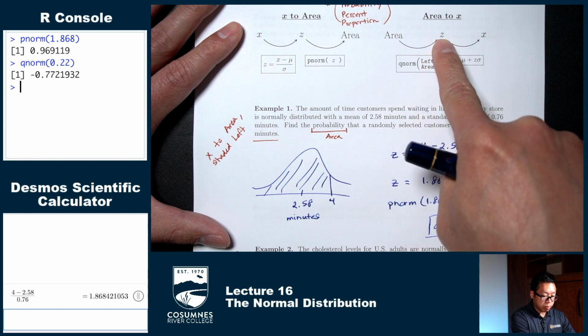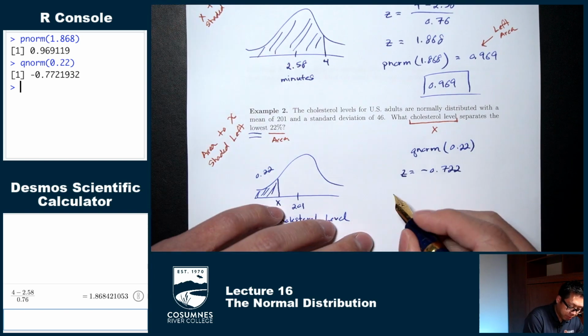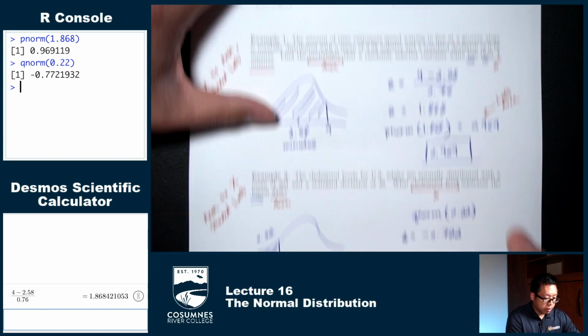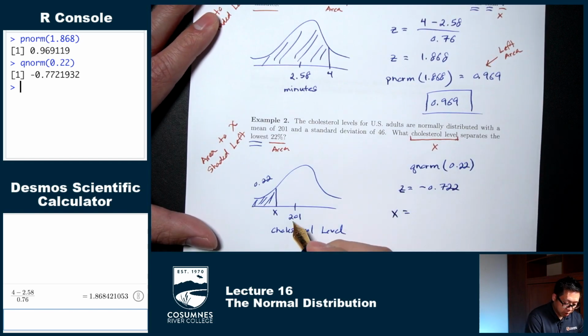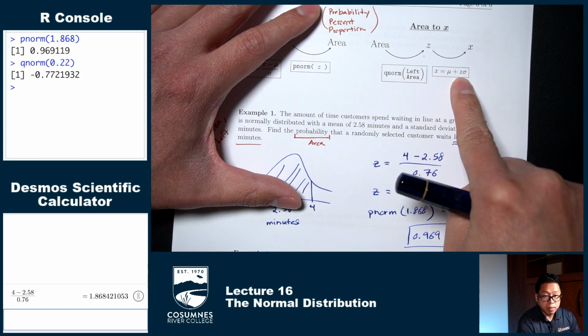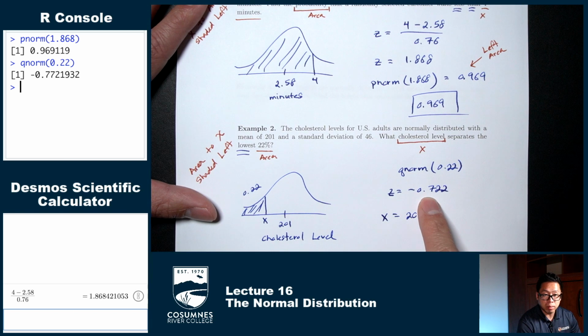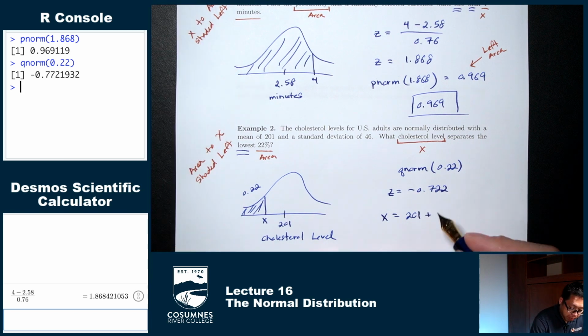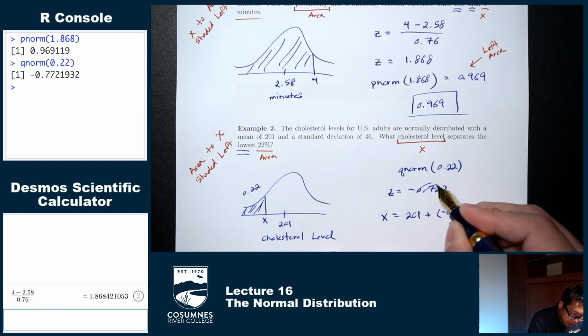Next step will be to go from Z to X by using this X formula. That X formula says X equals mu, that's the mean. The mean in this case is 201, plus Z times sigma. So Z is this negative 0.772.